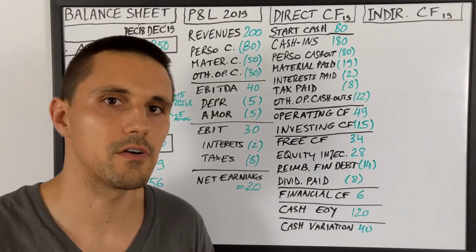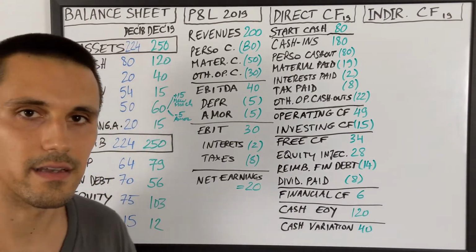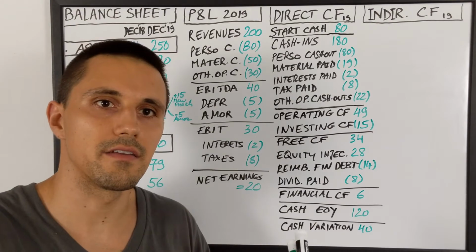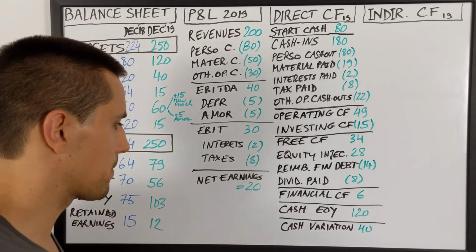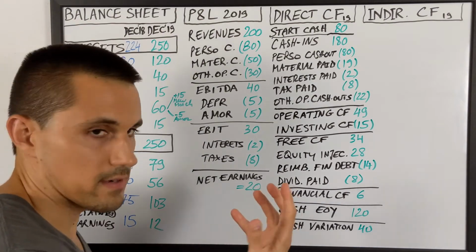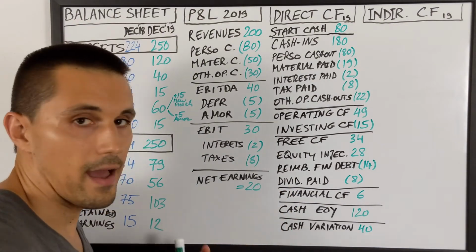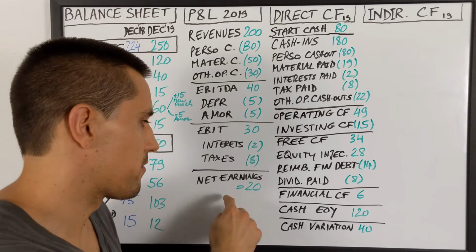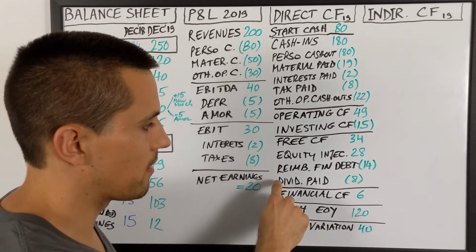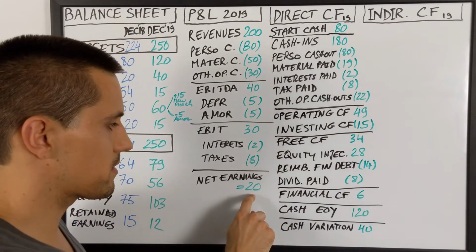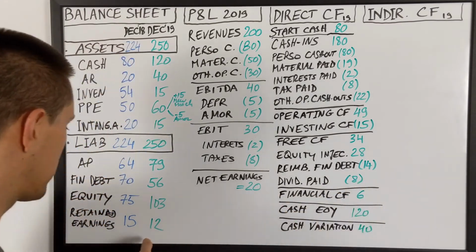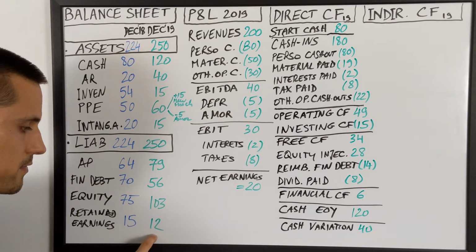Earlier in this video I was saying that retained earnings are profits that stay in the company and have not been distributed. Now look, that's exactly what happened. We have net profits of 20, and what did we distribute out of this profit? Well, dividends have been paid to the shareholders, 8. So when you say 20 minus 8, that's your retained earnings of 12 here.